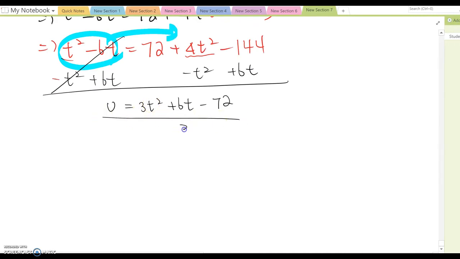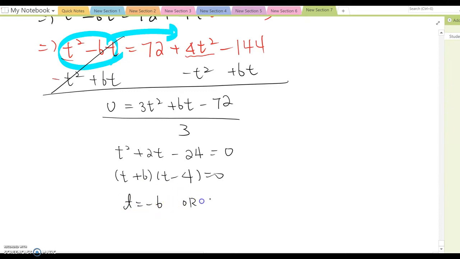So you divide everything by 3, then it becomes t squared plus 2t minus 24 equal to 0. Okay, so now t plus 6 and t minus 4 equal to 0. So t becomes negative 6 or t equals 4.